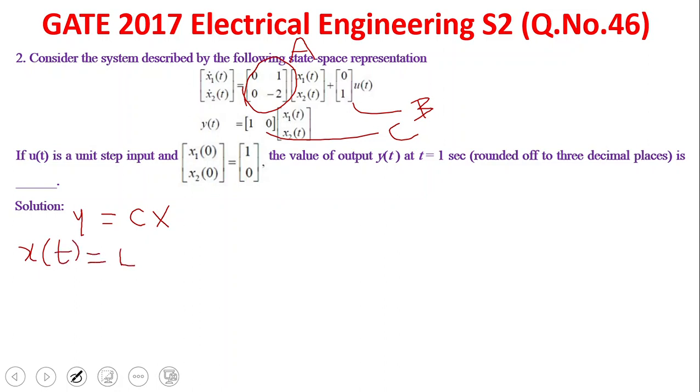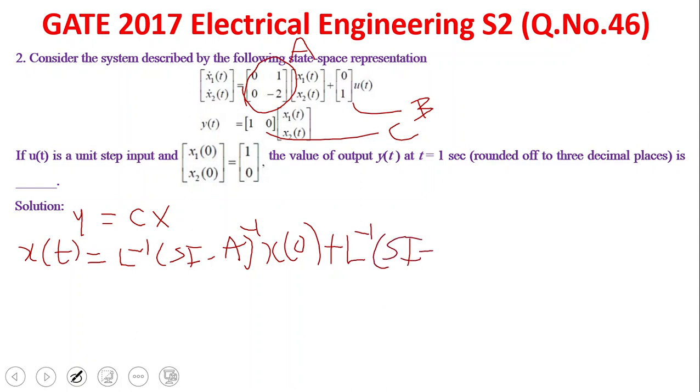We already know L inverse of Si minus A inverse into X of 0 if input is not there, as in the previous question. Now input is also there. Therefore, we get this expression: L inverse of Si minus A inverse into B U of S. Right?